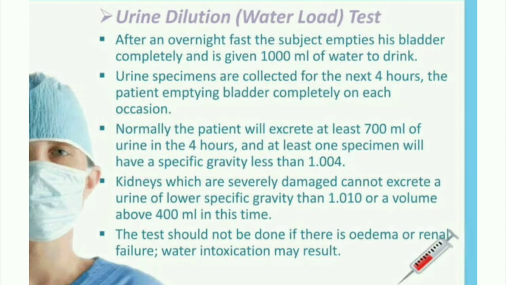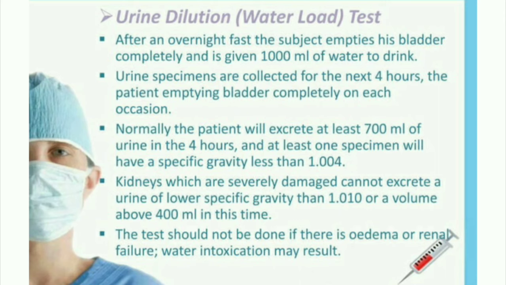Urine dilution, water load test. After an overnight fast, the subject empties his bladder completely and is given 1000 ml of water to drink. The urine specimens are collected for the next four hours, and the patient empties the bladder completely on each occasion. Normally, the patient will excrete at least 700 milliliter of urine in four hours, and at least one specimen will have a specific gravity less than 1.004.